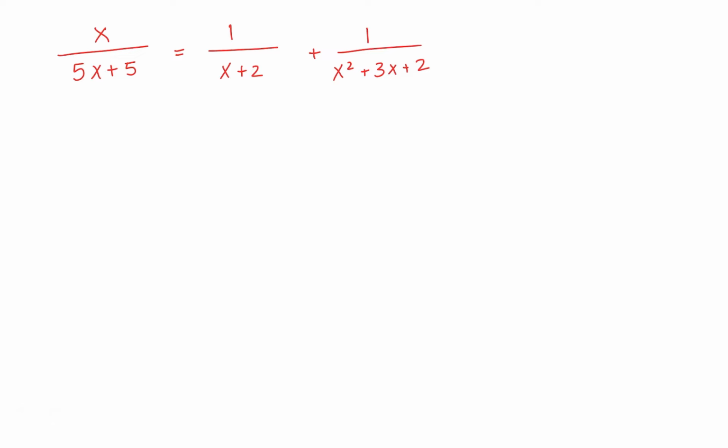Now we're working with something a little bit more complicated looking, but you can handle it. My first step is to factor all polynomials. I see I can have x over 5 times x plus 1.